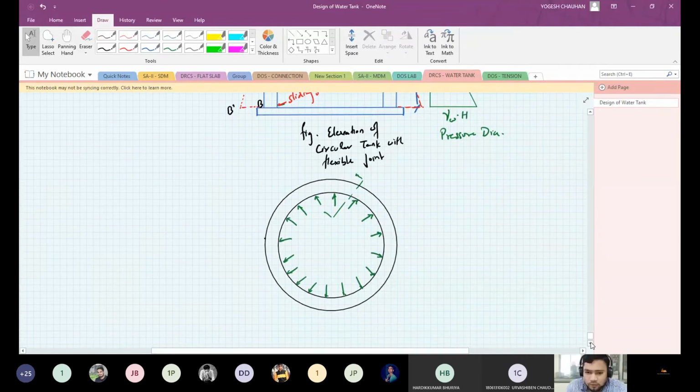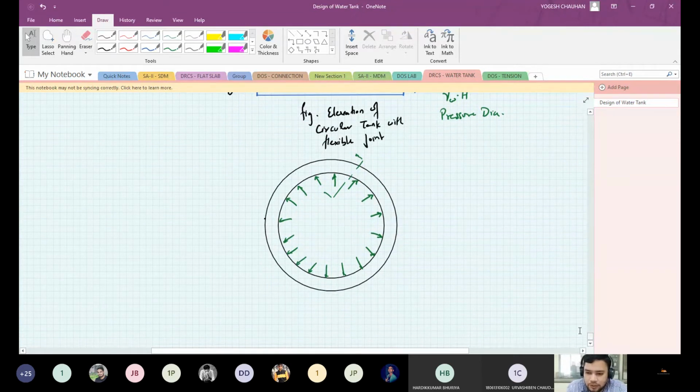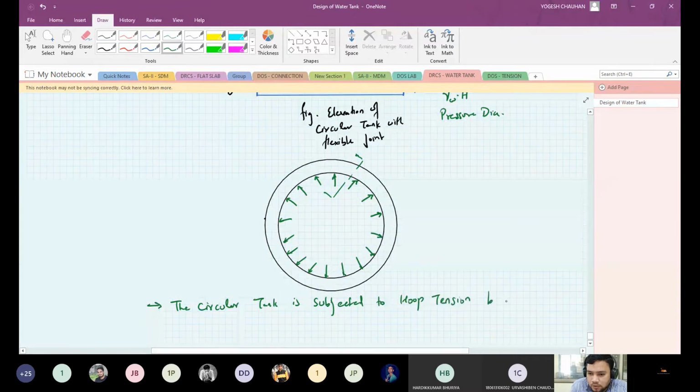So we can now, because of this internal pressure from the water inside, it will be subjected to hoop tension. The circular tank is subjected to hoop tension because of water pressure inside.